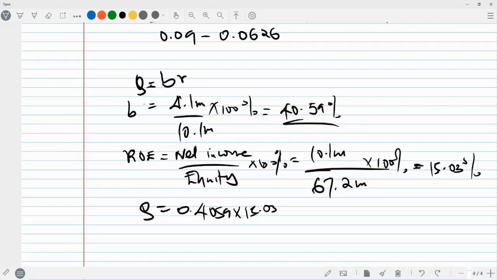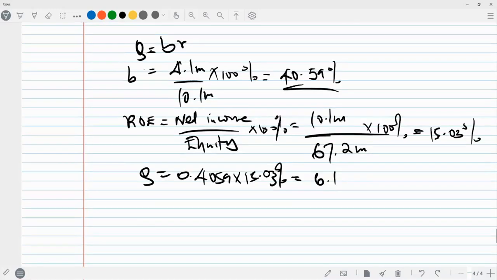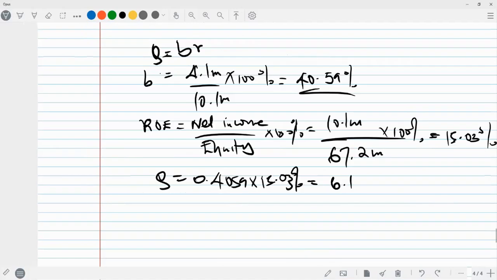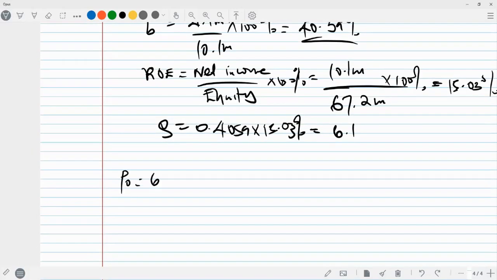And we get how much for the growth in the dividend? 6.1%. Therefore, P naught is equal to the dividend of 6 million, the growth is now 6.1%, and cost of equity remained at 9% minus 0.061.